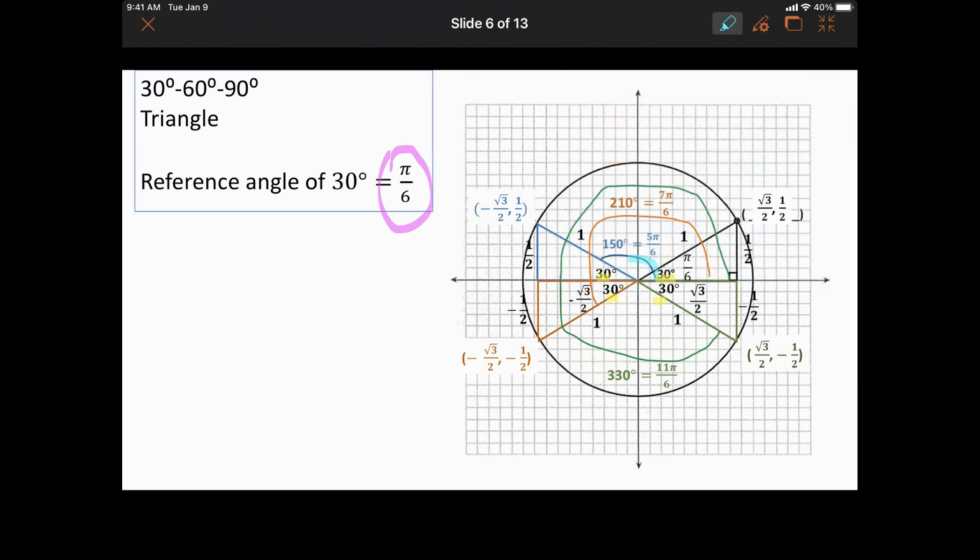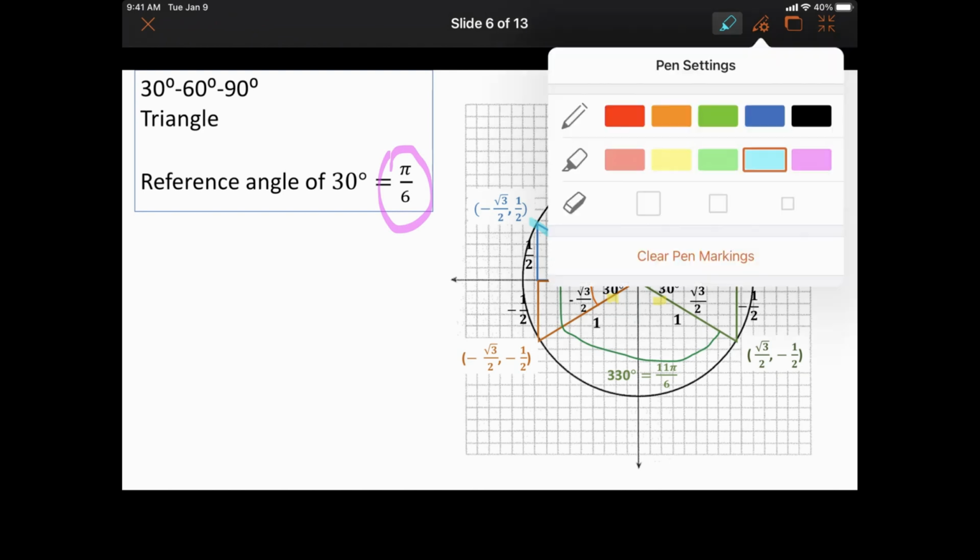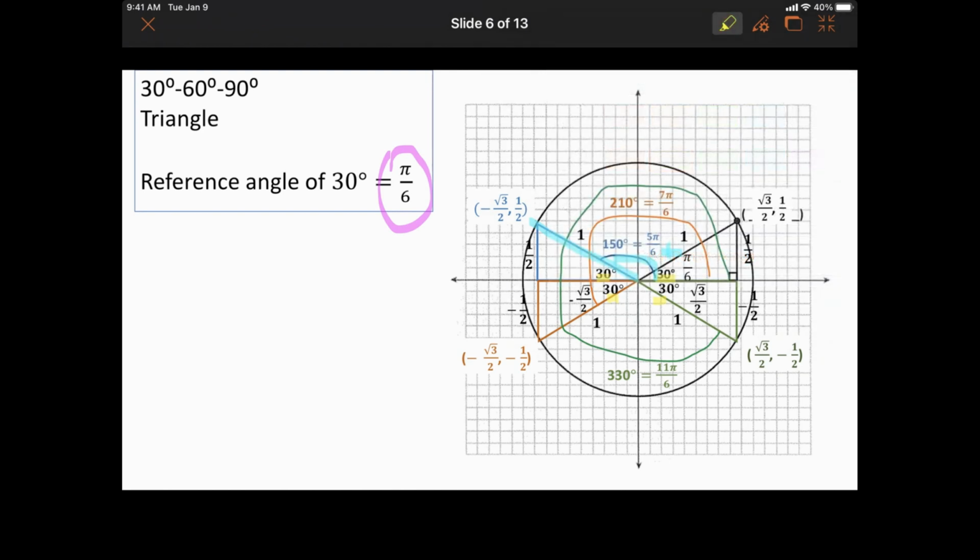This is a terminal angle here. It's 150. You can see it's converted in radians. Notice that the denominator is 6 with a reference of 30. So even this angle over here, 210, it's 7 pi over 6. And when you go over here, the reference angle is still 30.